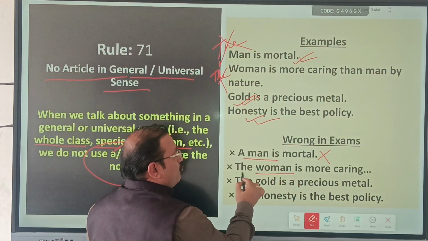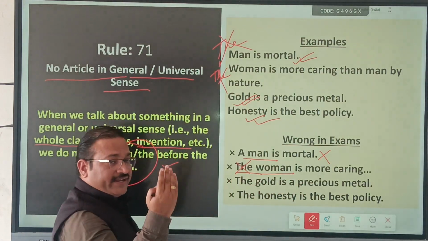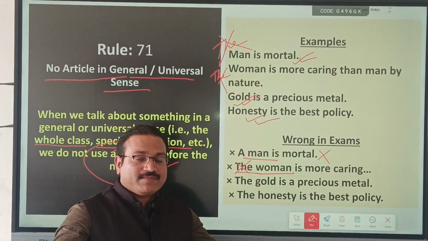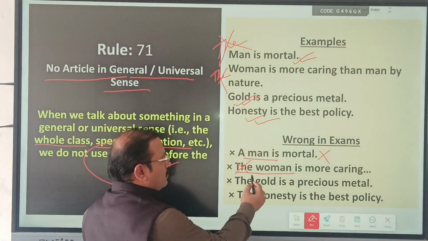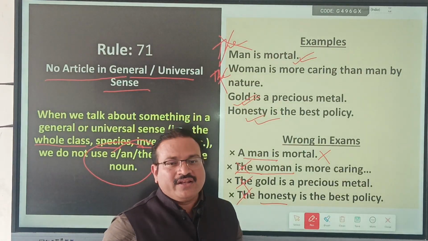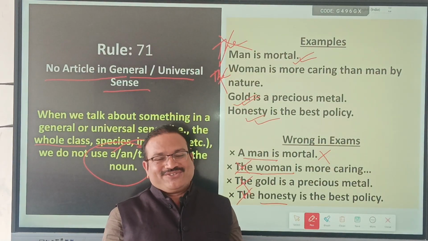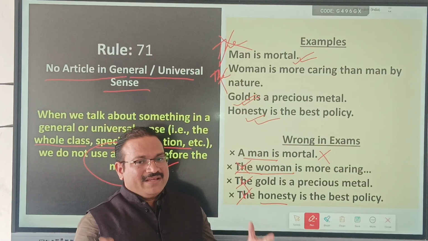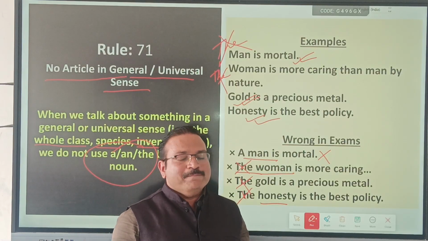A woman, the woman is wrong. Why? Because again, the gold talking about all types of gold. So wrong the here. Honesty being talked in general. So universal. So we don't use what? Articles. This rule is very, very important.